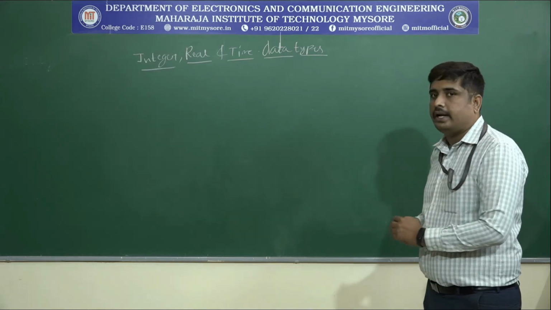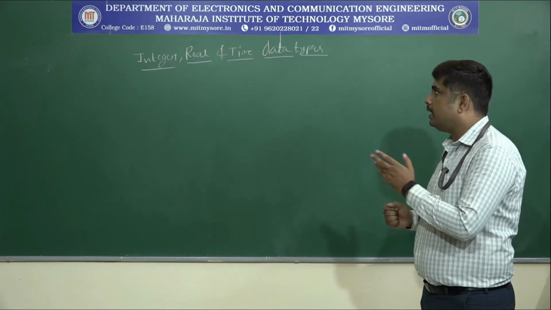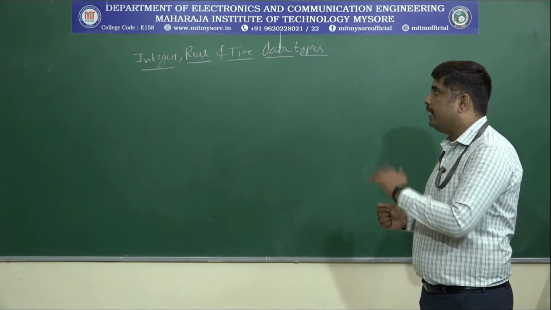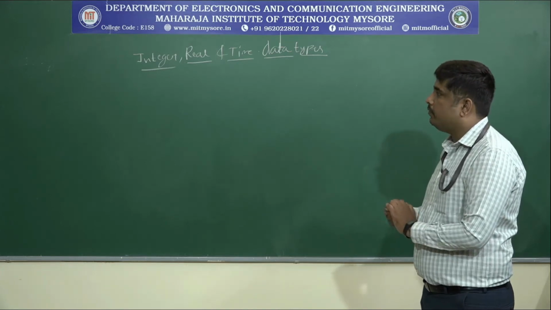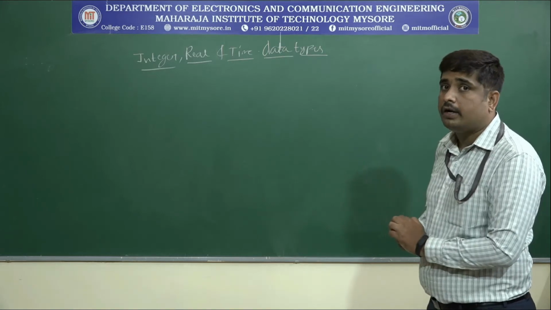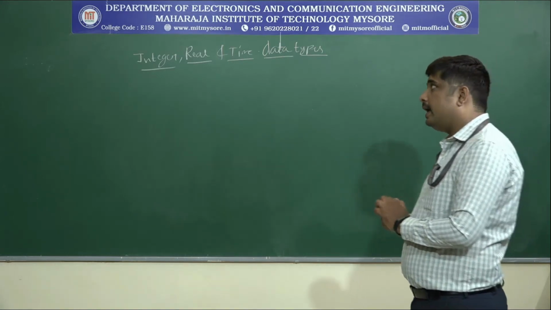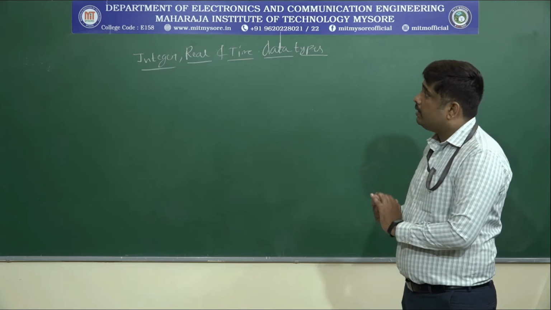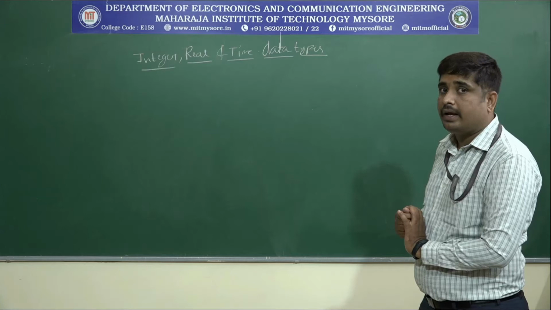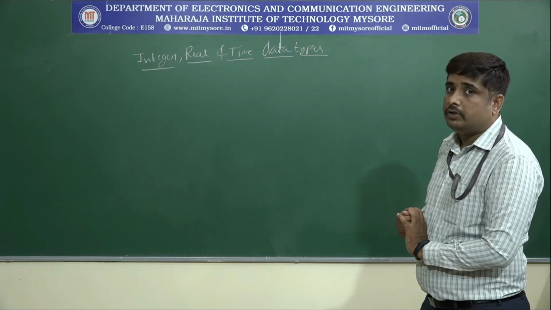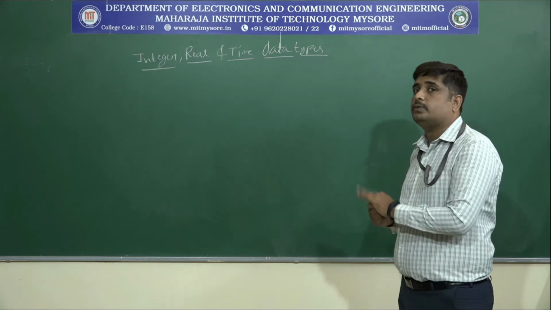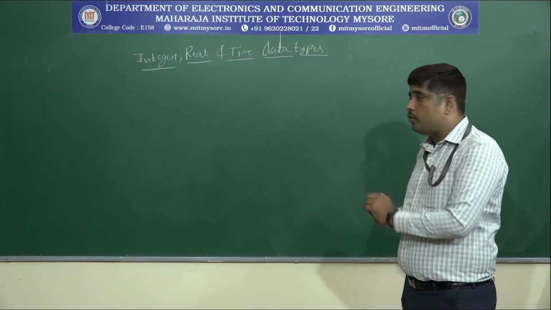Previously we discussed reg. Reg and integer have almost similar meaning. So why is integer used instead of reg? Because in reg we can't represent a negative number, but using integer we can represent a negative number. That is one advantage of integer. Integer is specially designed for counter purposes.